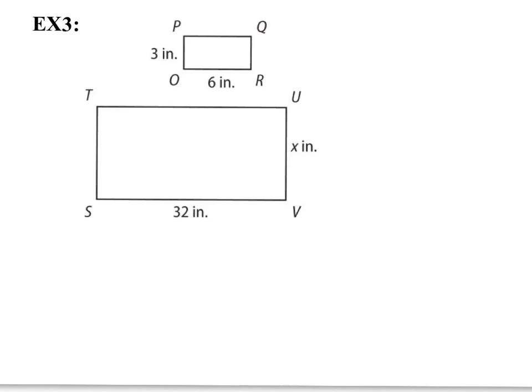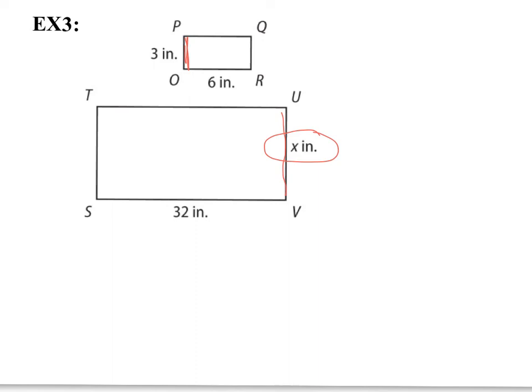Now, in example 3, we are going to see that we are still evaluating for our value of x. Now, we notice that the side length U to V is similar to the side length of P to O. So since they are similar, that is how we would set up our ratio for them.